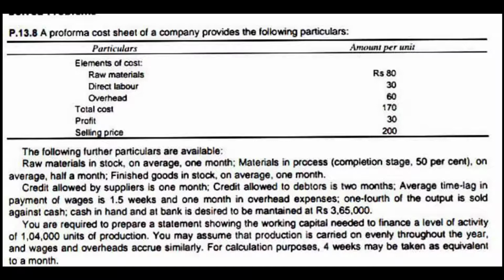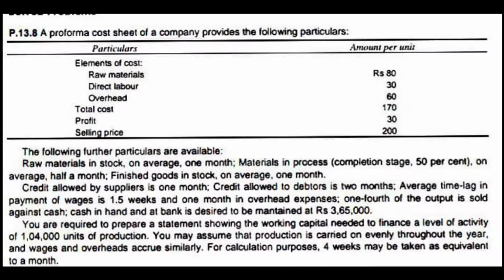Finished goods in stock on average 1 month. Credit allowed by suppliers, that is the creditor's time period, is 1 month. Credit allowed to debtors is 2 months. Average time lag in payment of wages is 1.5 weeks and 1 month in overhead expenses. 1/4 of the output is sold against cash. Cash in hand and cash at bank is desired to be maintained at rupees 3,65,000.